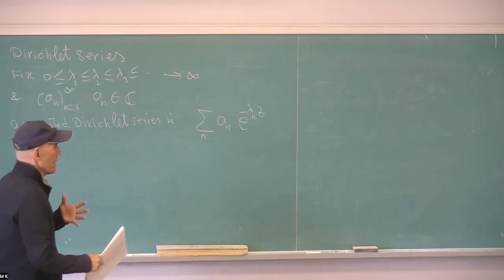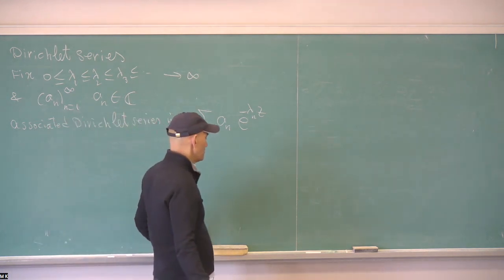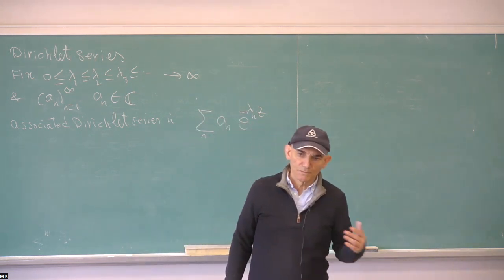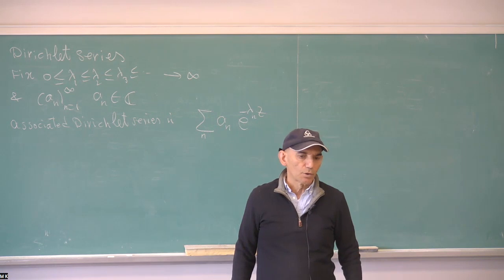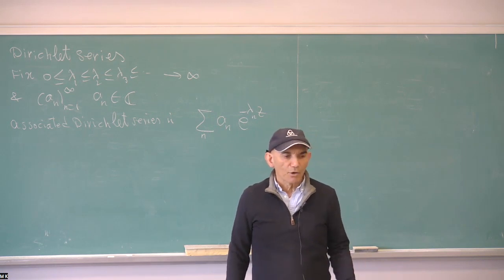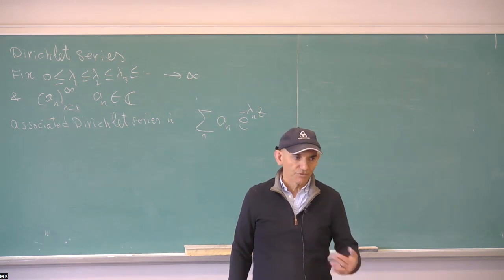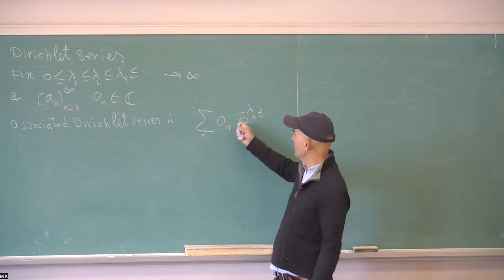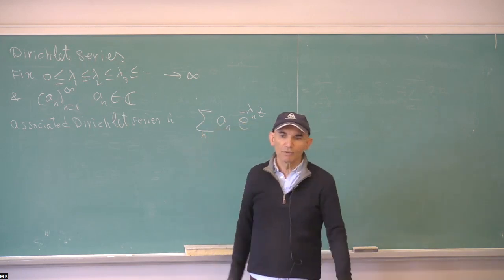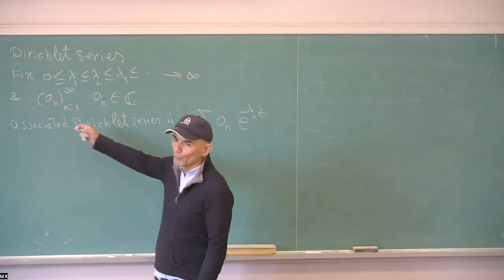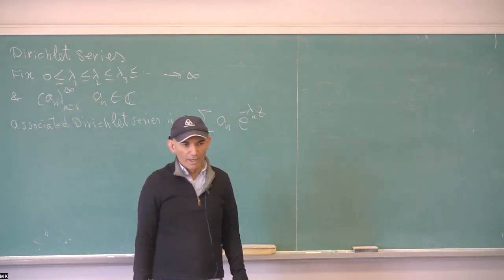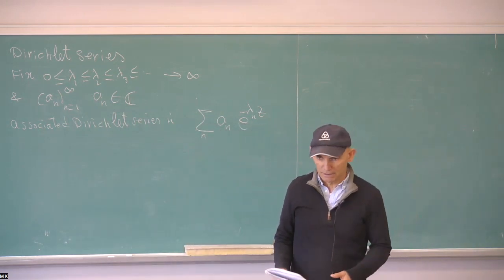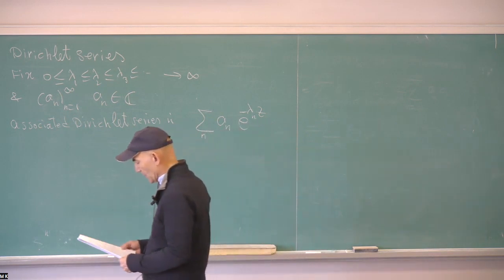I mean, it's a huge class, and they are much better for number theory than Taylor series. So we'll see gradually. You can think of it also as a generating function, generating series, because you're encoding the sequences a_n and lambda_n, packaging them into it. So it contains information about both in a kind of slick way. But how this came about is a long story, and we have to gradually grasp this.